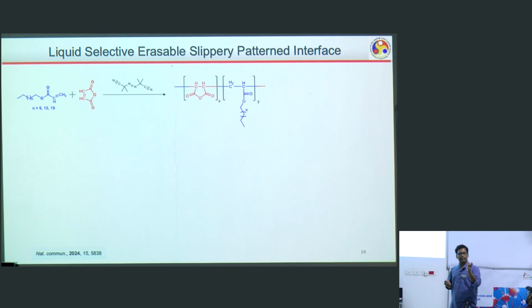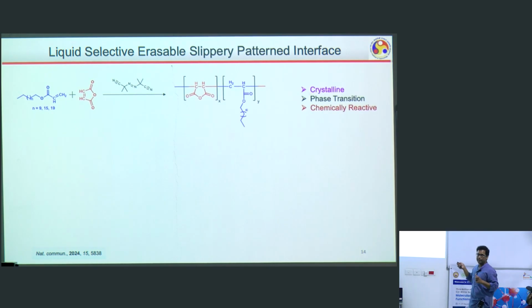Instead of this comb-like polymer, we have designed another polymer which is reactive, but the comb-like component is still there. So it's crystallizable, it undergoes phase transitions, and the maleic anhydride group makes it chemically reactive. Okay, it's a random polymer. It's not a copolymer.